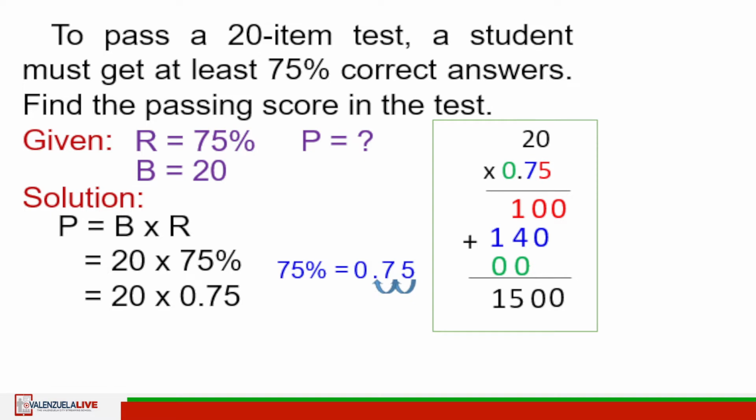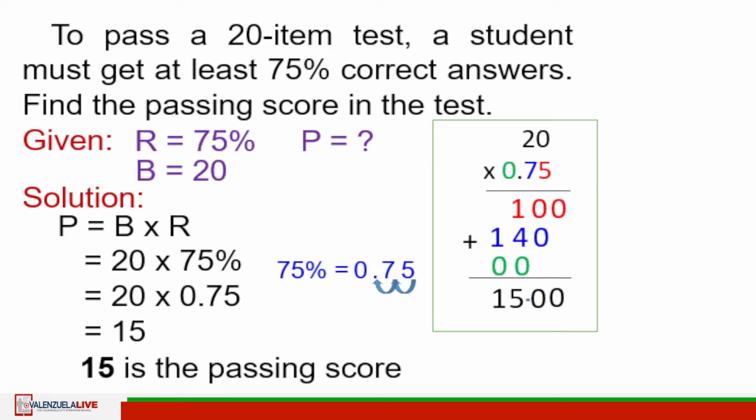Therefore, we need to move the decimal point 2 places to the left, which is located between 5 and 0. Therefore, 75% of 20 is 15. So we have 15 is the passing score of the 20-item test.